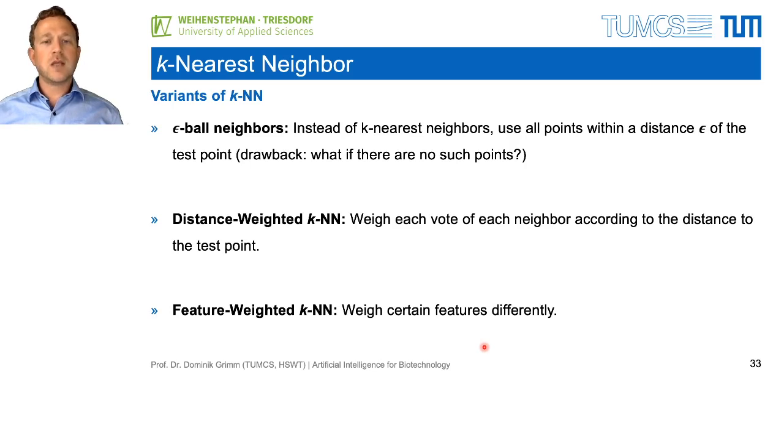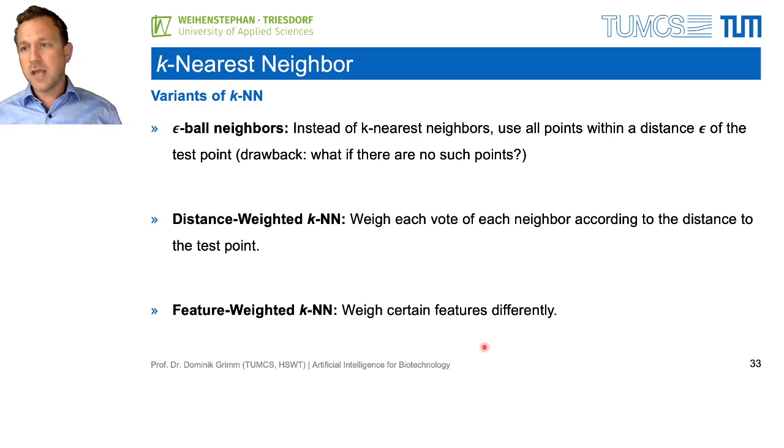So why should a point that is far away, but belongs to my 5 neighbors, weigh more than data points that are in close proximity? And there are also other variants like feature-weighted KNN. There I can say specific features should have a stronger weight than other features.